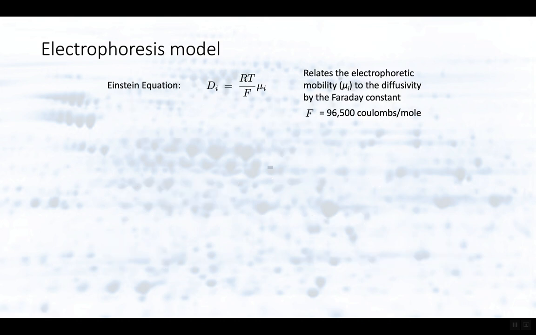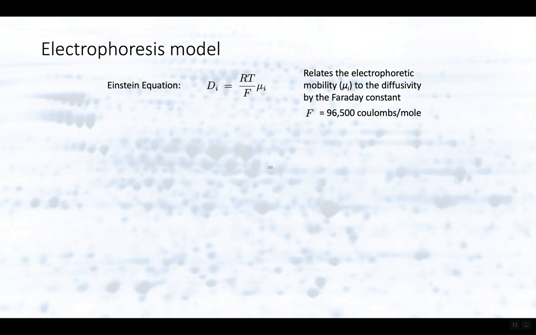Einstein related the diffusivity of a molecule to its electrophoretic mobility, and the diffusivity is equal to the ideal gas constant times the absolute temperature divided by Faraday's constant times the electrophoretic mobility. So these two things are related to one another.